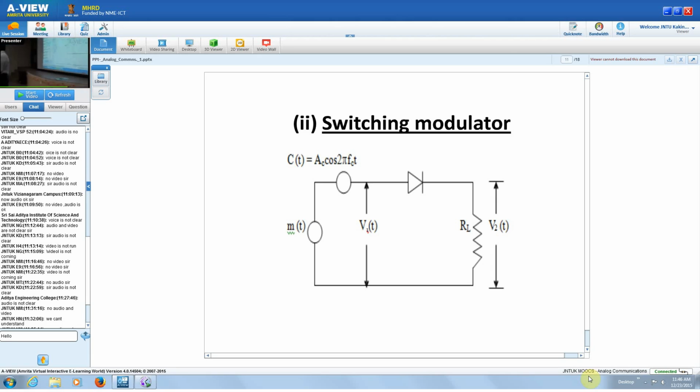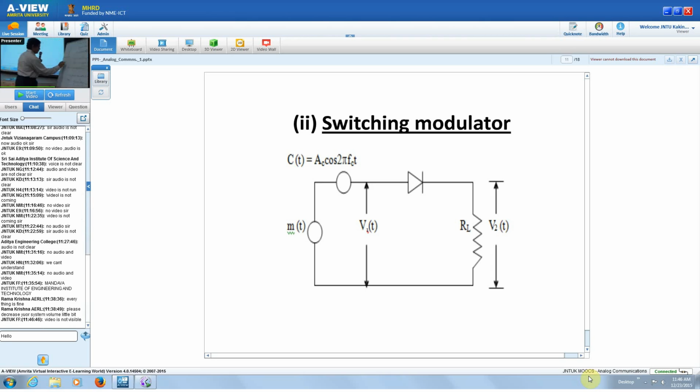Ideal diode characteristics, if you plot input and output: for negative, the value is 0, and for positive, the resistance is 0, right? Therefore, what will happen? For C of t greater than 0, the diode is forward biased.